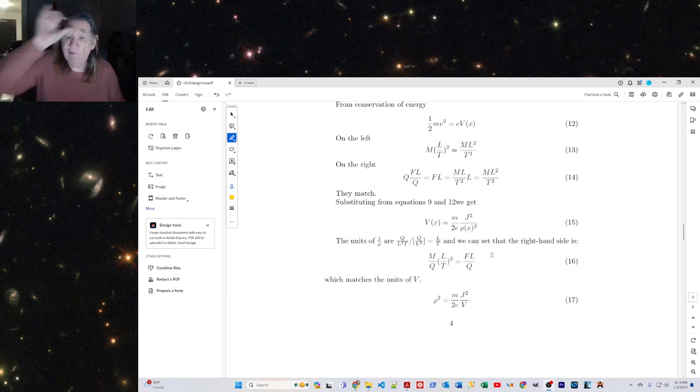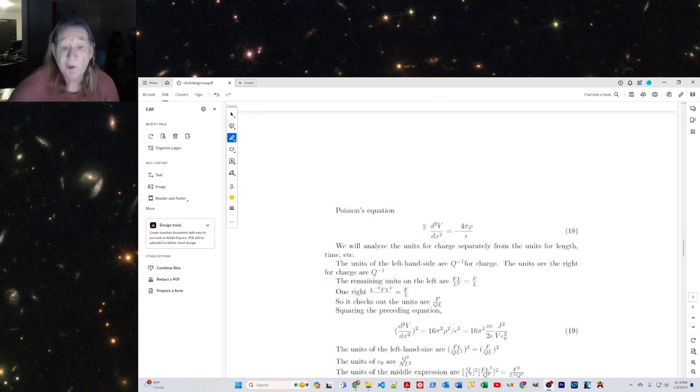Substituting our formula for the current in terms of velocity, with our formula for conservation of energy, we get equation 15 relating the electric potential to the current and the charge density. Rearranging it and taking the square, we get equation 17.